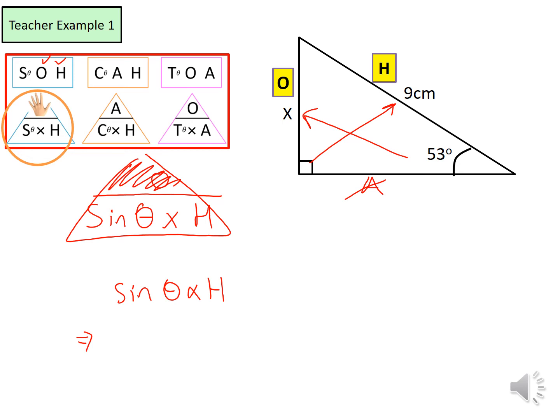And now you substitute our values in. Sine of the angle 53 degrees multiplied by our hypotenuse, which is 9, and that should give me an answer of 7.2 centimeters to 1 decimal place.